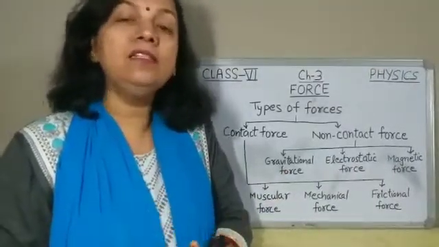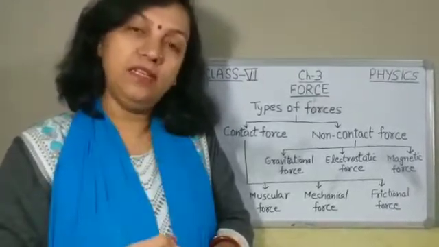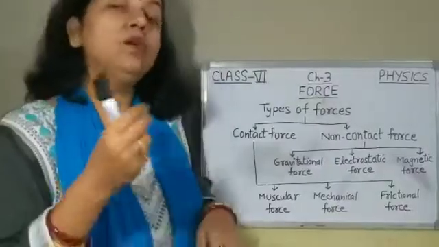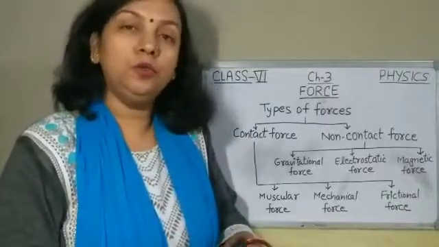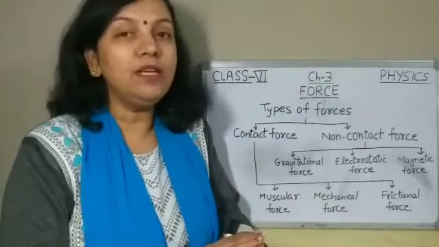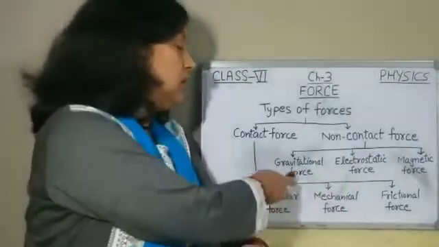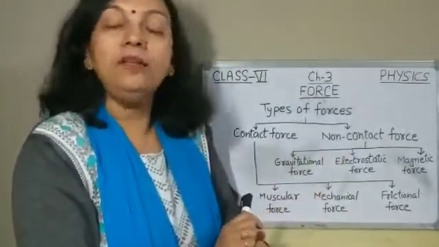Earth attracts each and every object towards its center, that is called gravitational force. For example, a stone thrown upward comes down to the earth due to the gravitational force. While they are not in contact, the gravitational force is working there. So the gravitational force is an example of non-contact force.